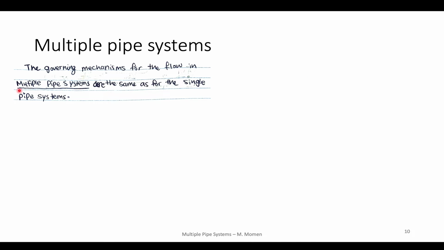The governing equations or the governing mechanisms for the flow in multiple pipe systems are the same as for single pipe systems. So the fluid equations are the same, right? It's just that we are investigating a different application, which is multiple pipe systems.